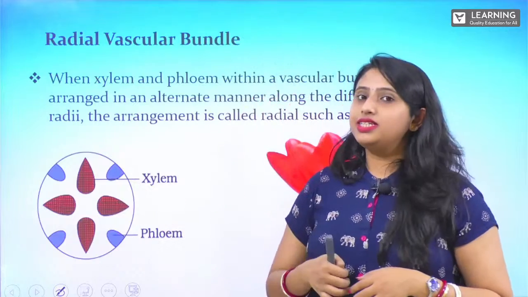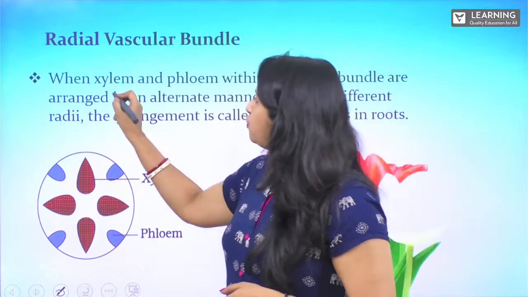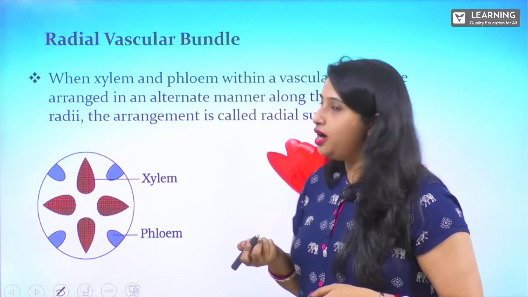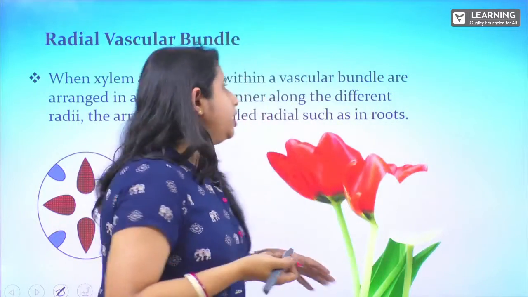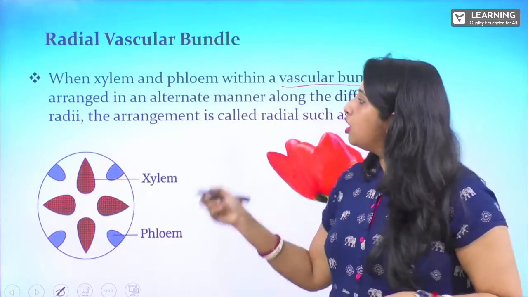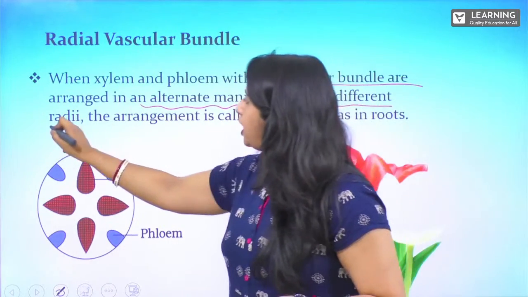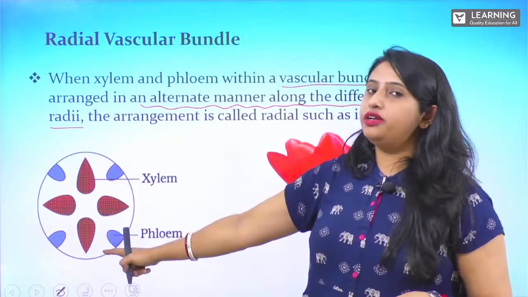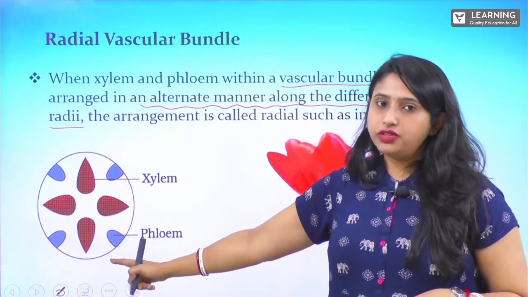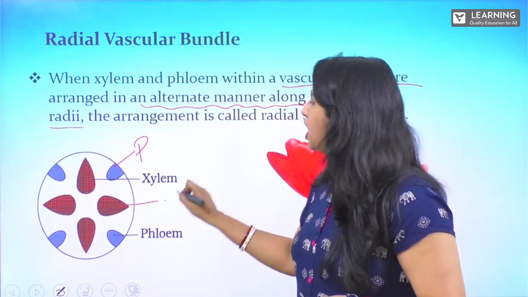So next let us see what is the definition of your radial vascular bundle. When the xylem and phloem within a vascular bundle are arranged in an alternate manner along different radii, that is in the opposite direction, right? As you can see, this is your phloem, this is the xylem.